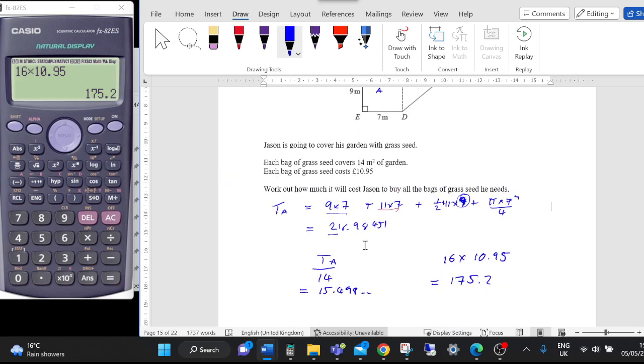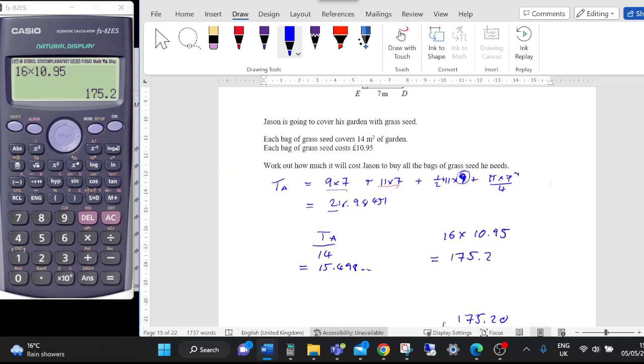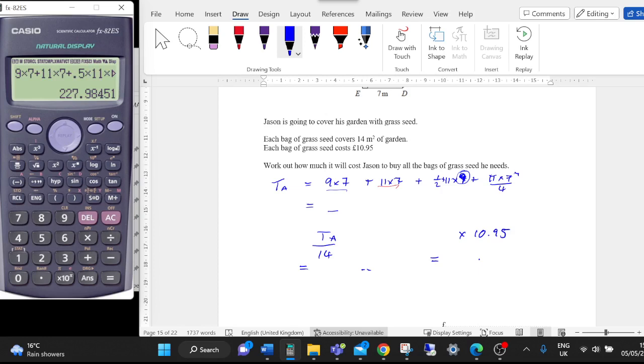Right, so let me just clear off my gibberish. Those are the bits that I need to change. If I go back to that calculation, I just need to switch out that 7 for a 9. So that's my actual value, 227.9845.